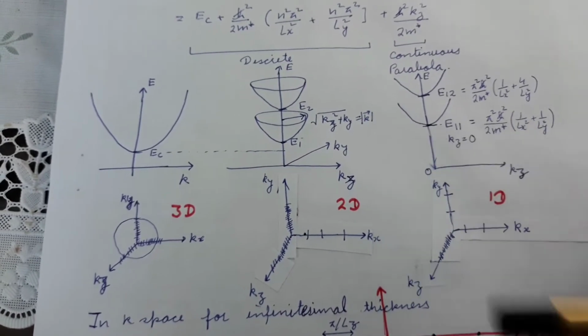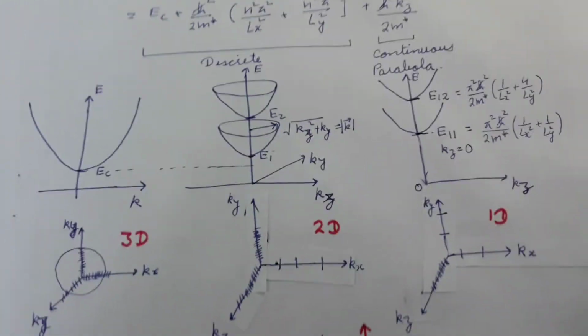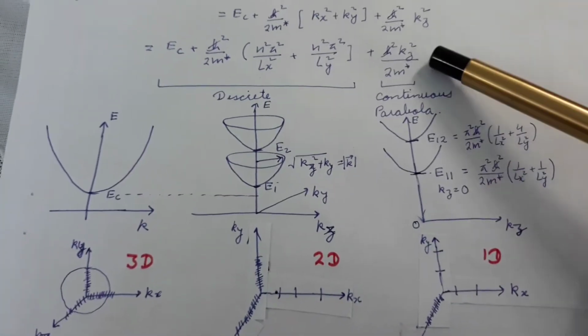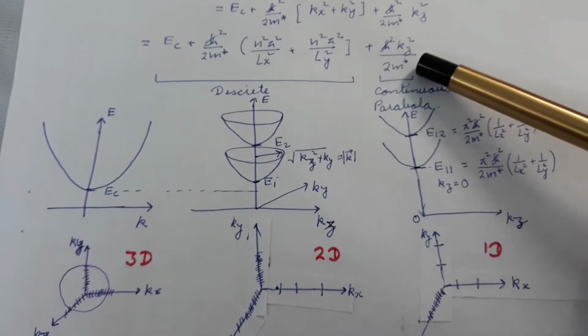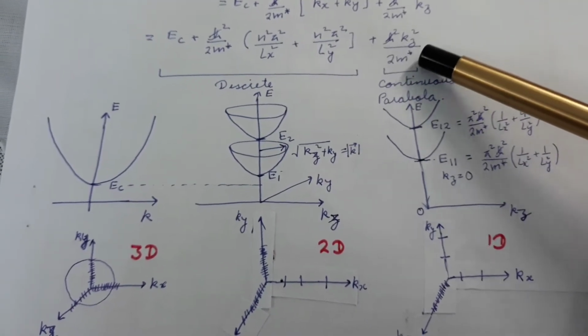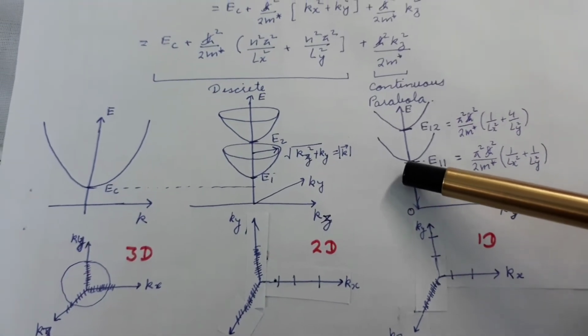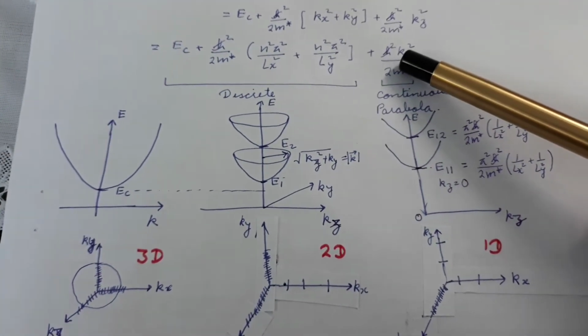Also because it is a parabola in one direction, in order to find the minimum value of the energy of the subband, the minimum energy will be when kz will be equal to 0.